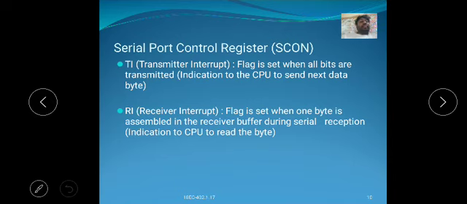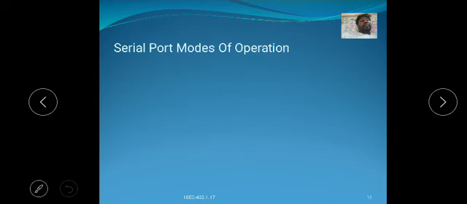The receive interrupt flag, RI, is set when one byte is assembled in the receiver buffer during the serial reception. It is an indication to the CPU to read the byte.